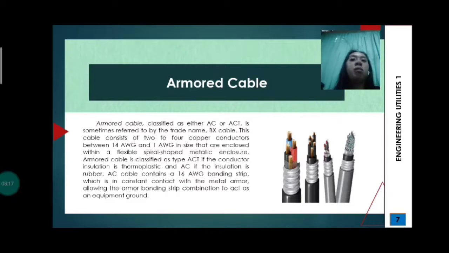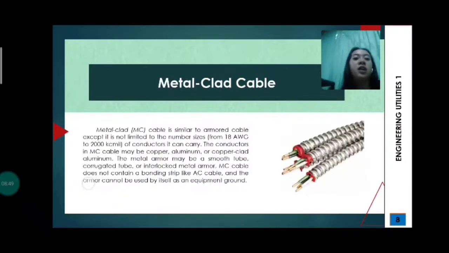So, this cable is not an ordinary cable, because it is used in the power circuits of big plants and commercial buildings. Imagine that, commercial buildings and plants.